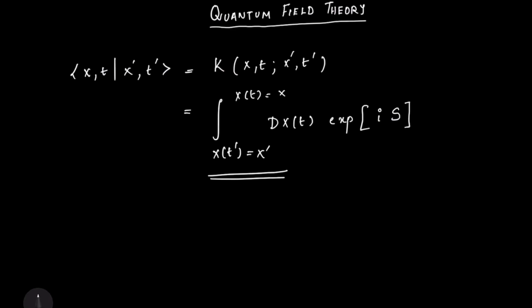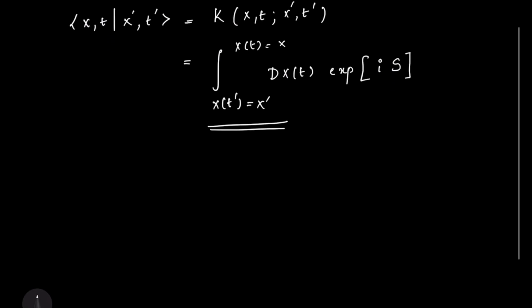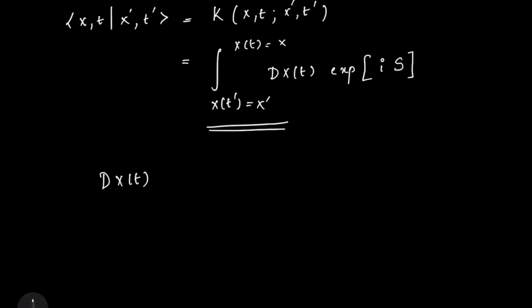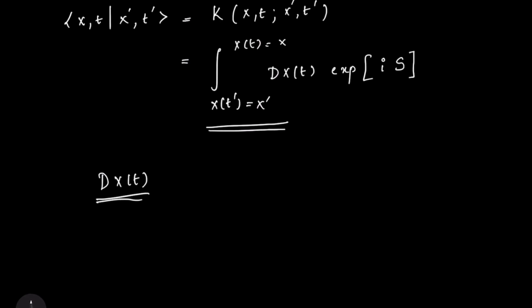Here S is the action. The measure Dx(t) involves rigorous mathematics, and we don't have to worry about it right now. The conceptual realization of the path integral doesn't require Dx(t) to be computed in detail.